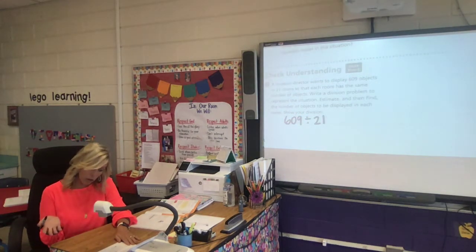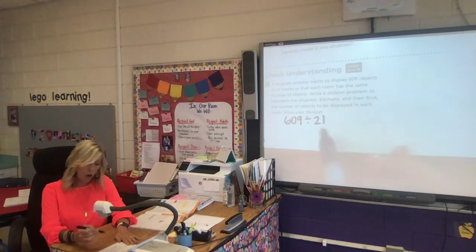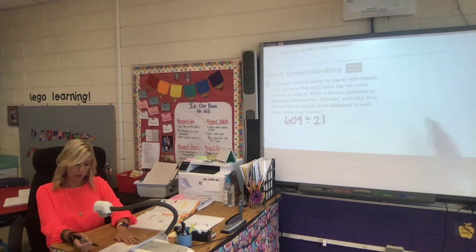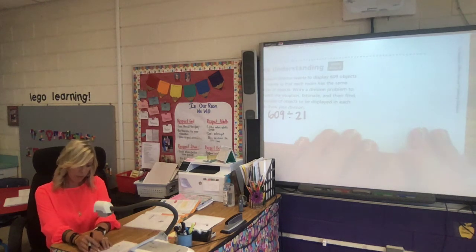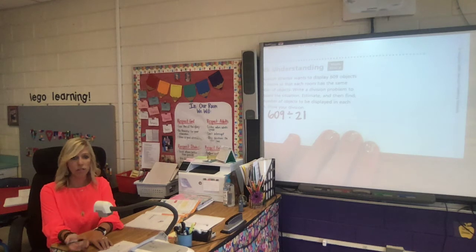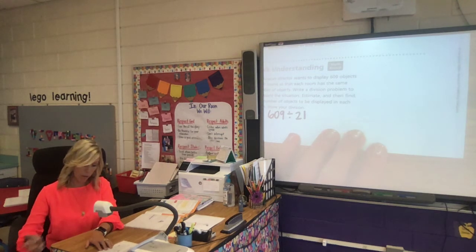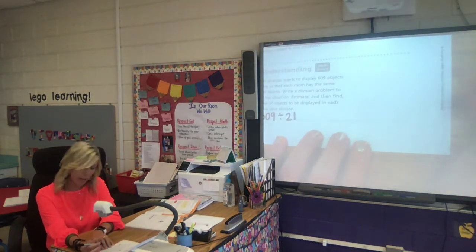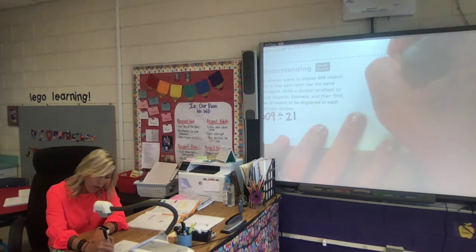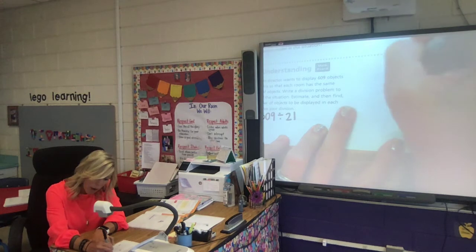I want to know how many each room is going to have, an equal amount. So if I have a remainder, that's not really what they're looking for here. I want to know exactly how many each room will get.